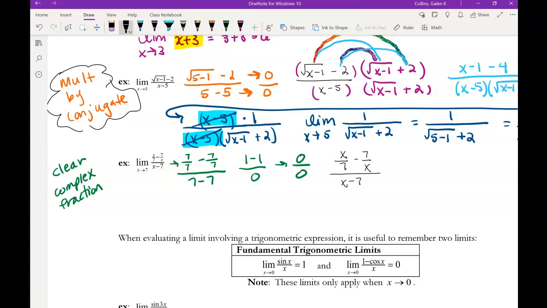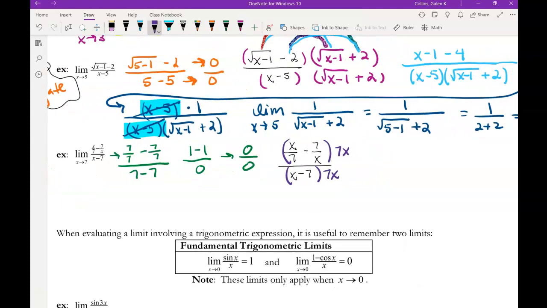Well, I know that if I multiply by 7, it will get rid of the first fraction because 7x over 7 is just x. If I multiply by x, it will get rid of the second fraction. So because I want to get rid of both fractions, I'm going to multiply the numerator by 7x. And whatever I do to the numerator, I need to also multiply the denominator by the same 7x.